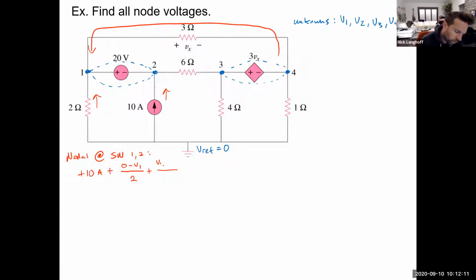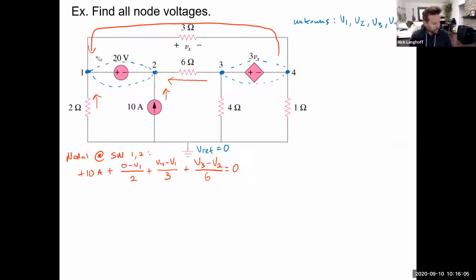So that's V4 minus V1 over 3 ohms. And then on the node 2 side, we get the current flowing through the 6 ohm path from V3. So that's going to be plus V3 minus V2 over 6. And that's all equal to 0.